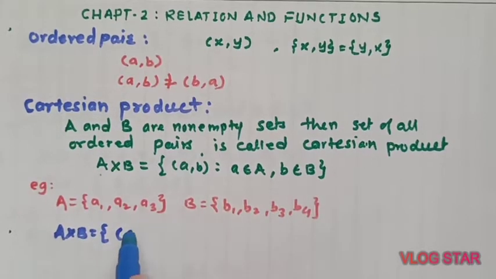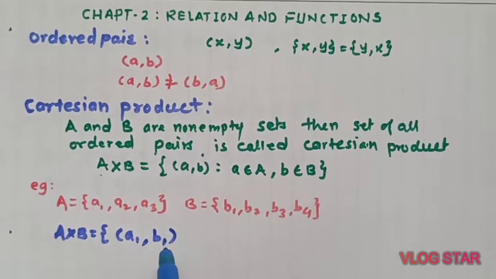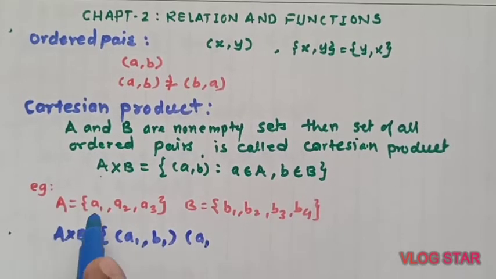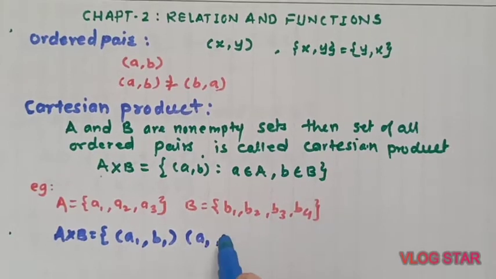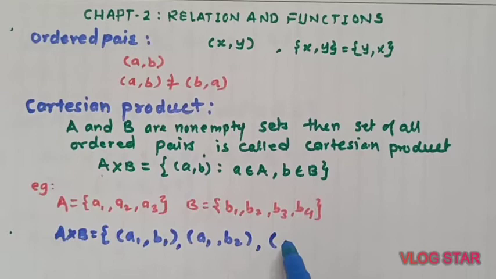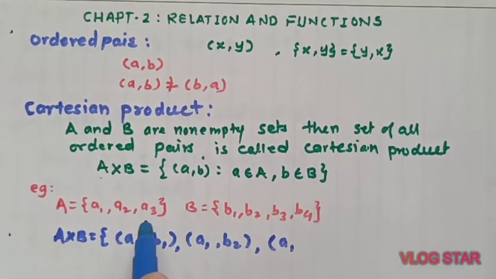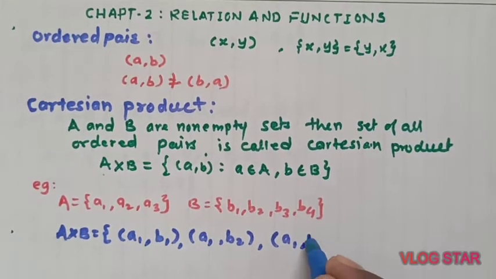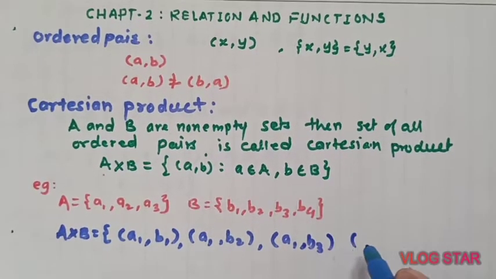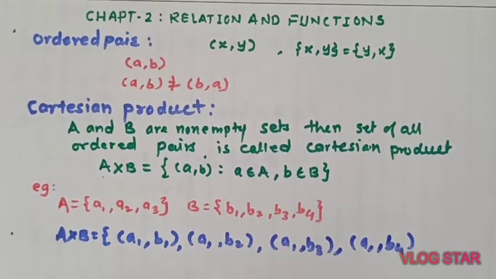Look at the bracket. यहाँ से A1 लिया, A1 के साथ B1. Repeat. Again A1 के साथ B2. Change the pair. Again A1. So A1 with all, A2 with all, A3 with all, but the first member should be from the first set. So A1, B2, A1, B3, A1, B4. Like this we will continue.